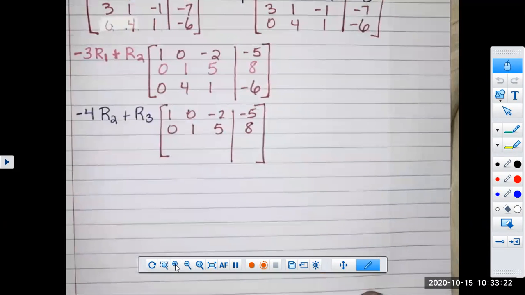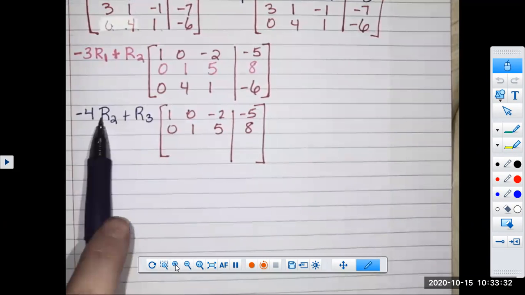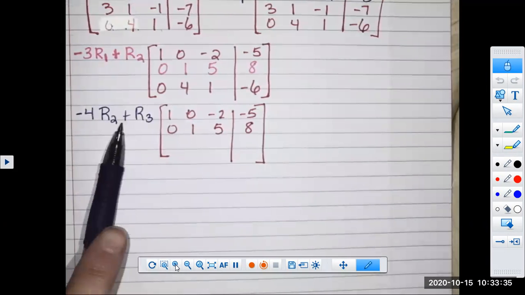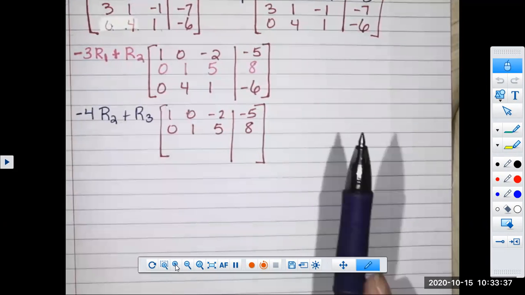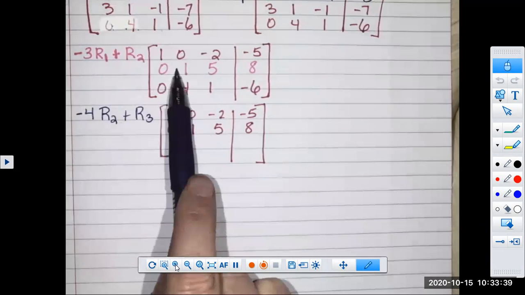All right, are y'all okay so far? Okay, once again, we're going to do this in our head with the previous matrix before it. So go multiply all these numbers by -4.